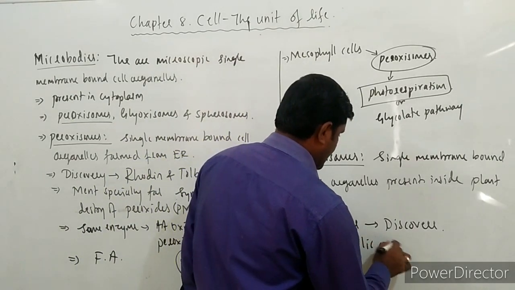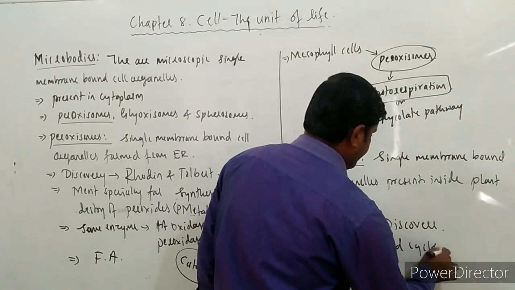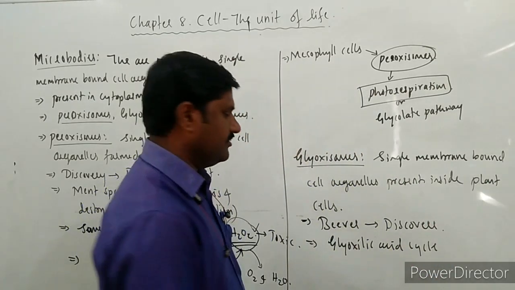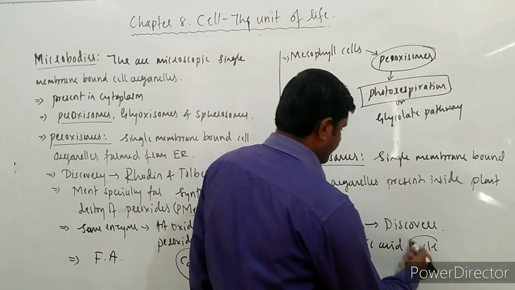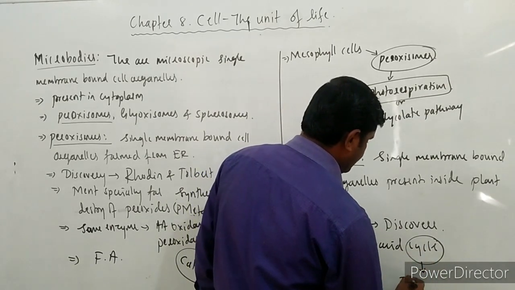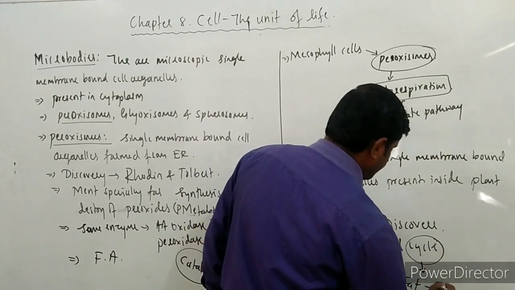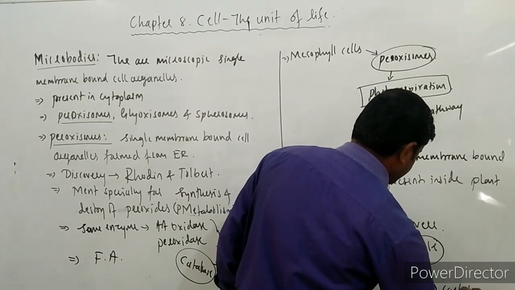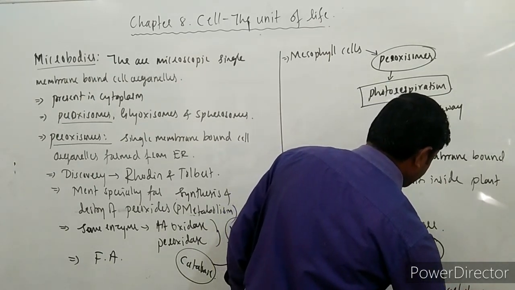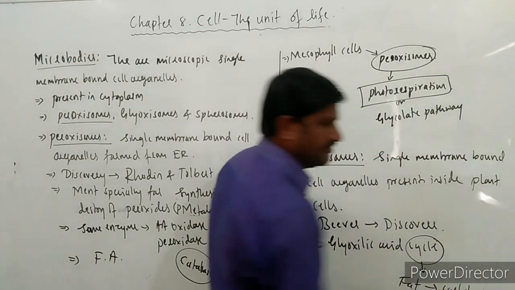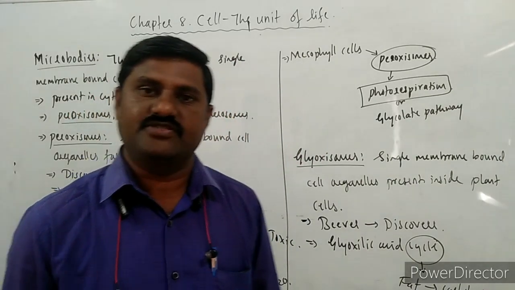Glyoxylic acid cycle they perform. In this cycle, what happens is the conversion of fats into carbohydrates. Fats into carbohydrates take place over here.